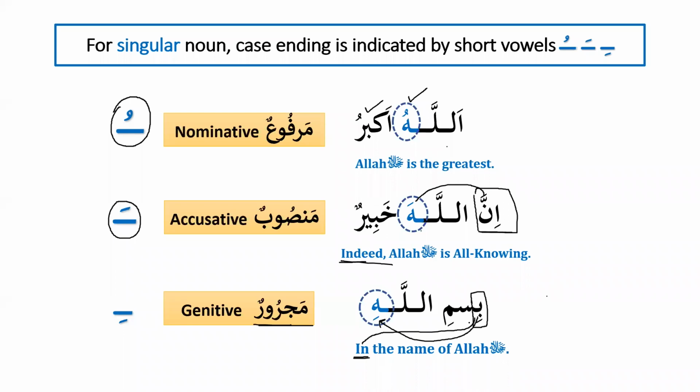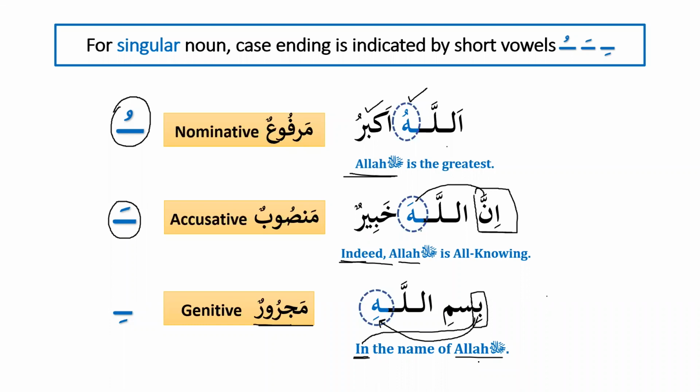Now please remember, the case ending will change, but the meaning of the word will not change. Again, I will repeat it. The case ending will change. For example, Lafdul Jalala, here it has Dhamma, here it has Fatha, and here it has Kasra, but the meaning will not change. Here it is Allahu, again here it is Allahu, and here it is also Allah. So the ending will change, but the meaning will not change.